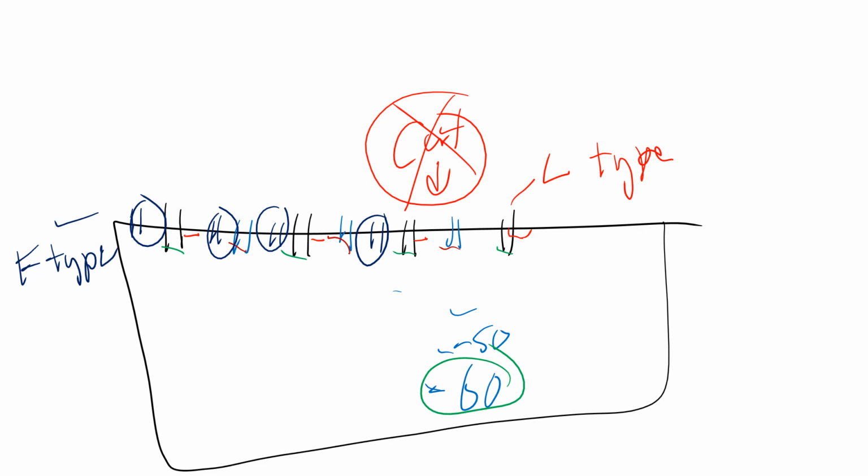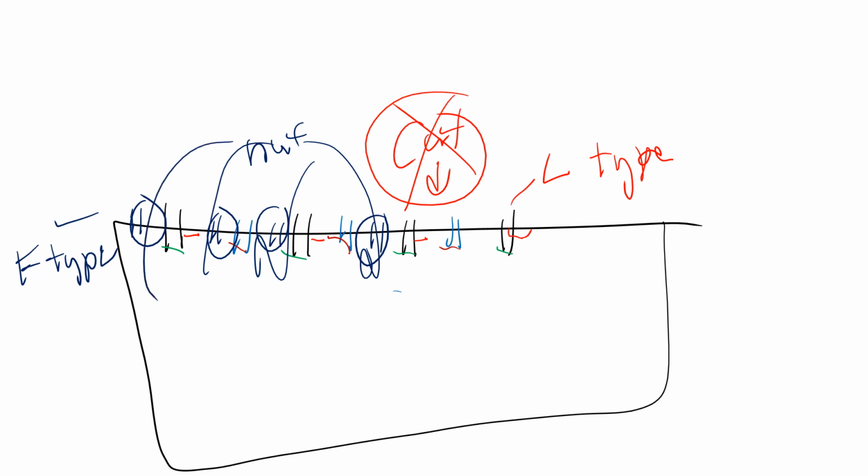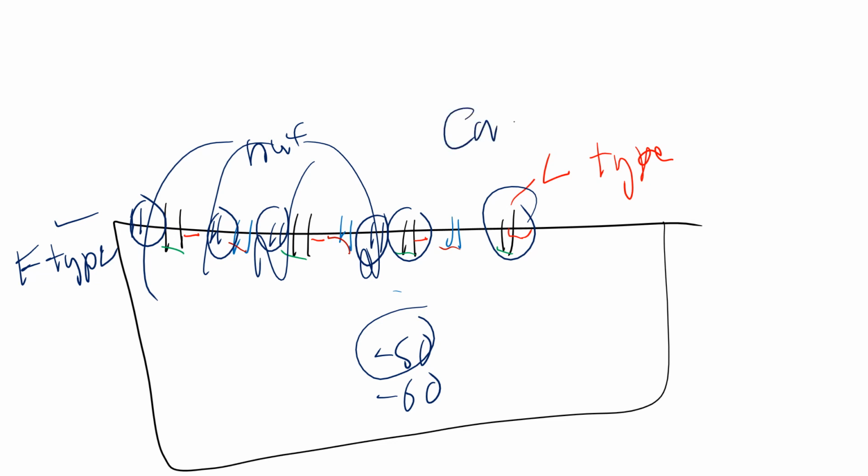The F-type channels, funny channels, open up, more sodium can come in, and the interior begins to depolarize again. And it depolarizes up from -60 to -50, and then what do you know? The L-type voltage-gated calcium channels open again, and you get this big influx of calcium ions again, and you get an action potential.